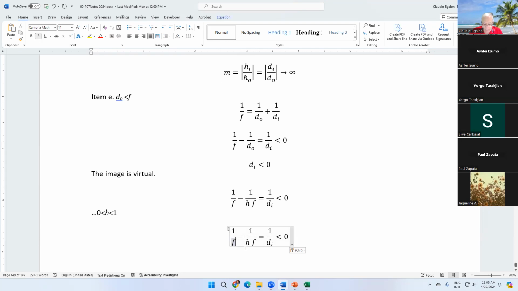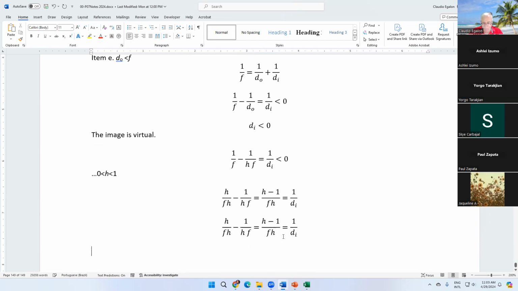And we go ahead, get everything here under the same denominator, right? When you get under the same denominator, we get something like that, right? And then we can invert. The I goes to the other side. FH goes to the other side.